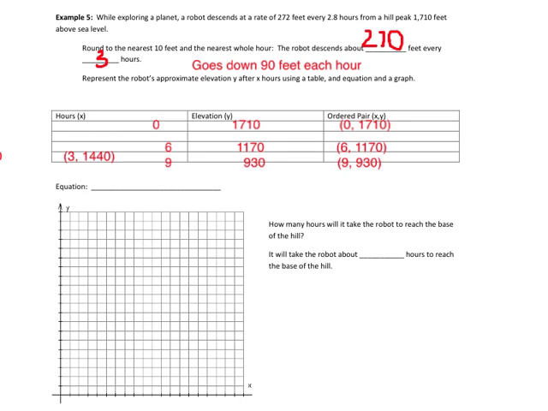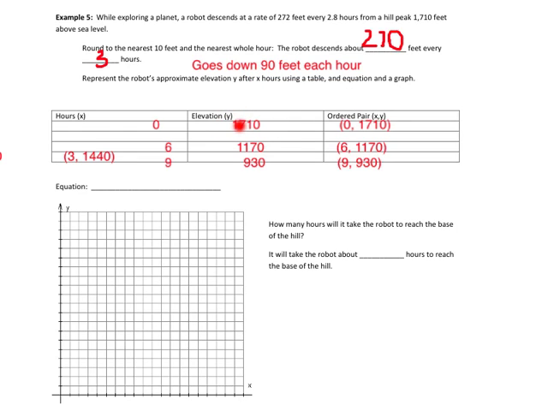So to figure out the equation, what I'm doing is I am taking this 1710, that was the starting height, and I'm taking away 270 every 3 hours, which ends up being 90 every hour, and that's our unit rate, which we already know unit rate is the slope. So we're going down 90 feet every hour, and we start at 1710.